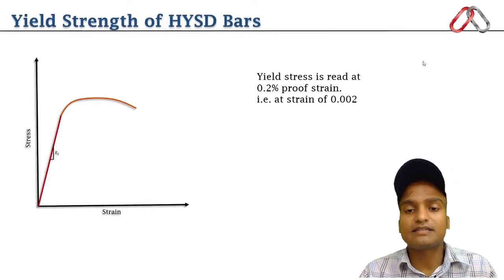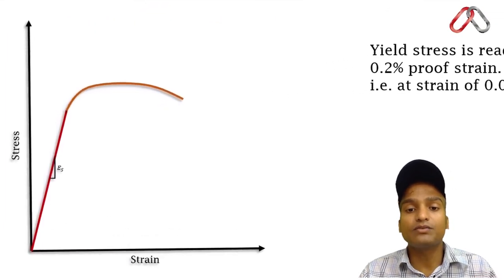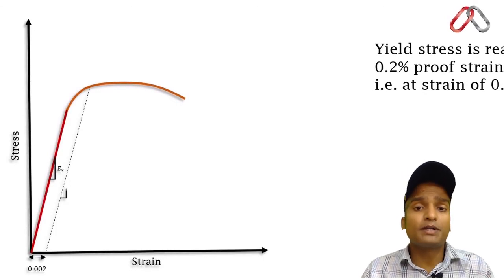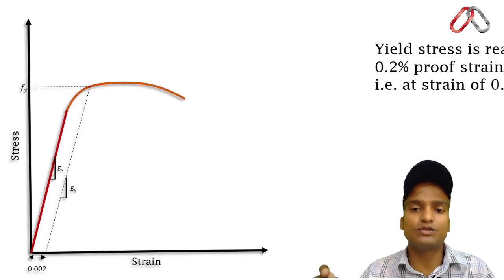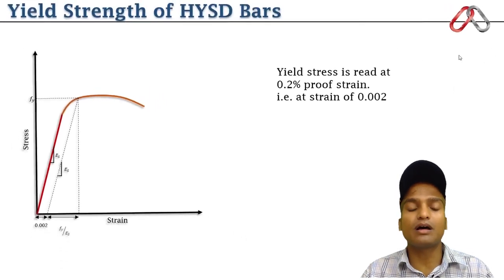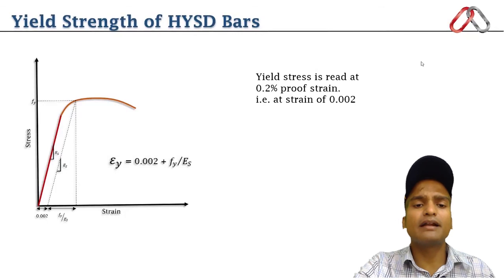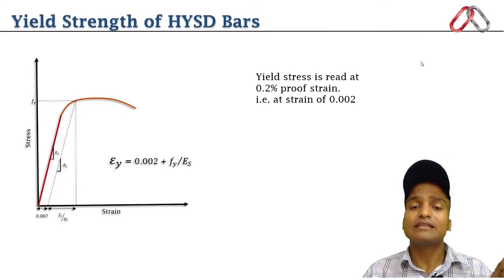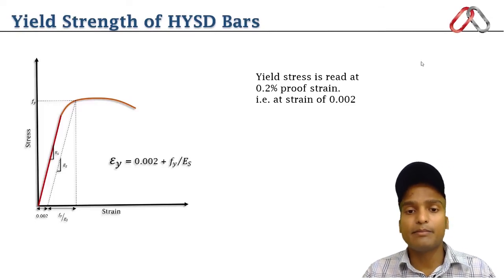In this case we have to take the yield stress corresponding to the value of 0.2% proof strain. Saying 0.2% proof strain means what? Proof strain is equal to 0.002, and at a strain value of 0.002, we draw a line parallel to the elastic curve of the steel, and the point where it intersects, that value of stress is considered as the yield stress of the HYSD bars.